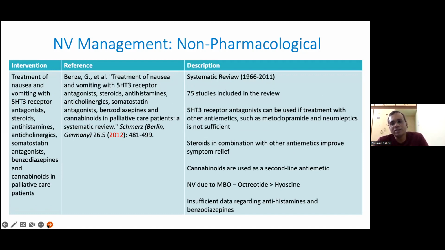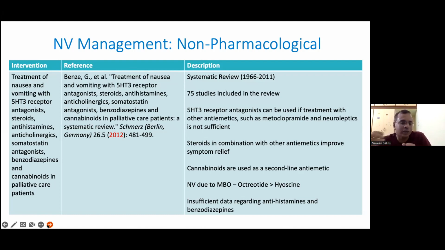Now, I looked at some of the systematic reviews that were published, starting from main studies to systematic reviews. And this was one systematic review. This is an older paper, which was published in 2012. Still, I'm bringing this paper because after 2012, there is no systematic review as good as this.